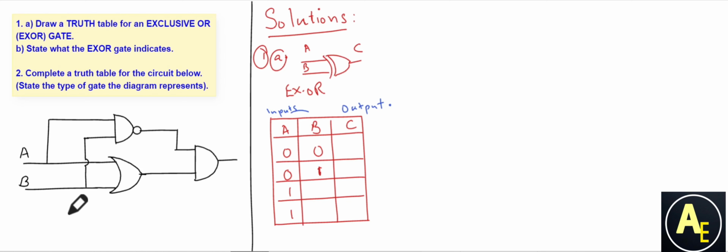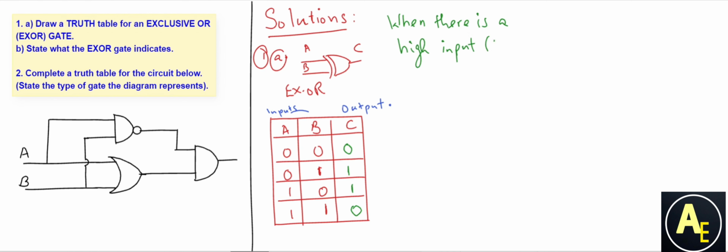But what is the difference between an OR gate and an exclusive OR gate? Well, an OR gate allows the output to be 1 or high once there is a high input, meaning that any one of the inputs having a value of 1 means that in our truth table we are also going to get a binary value of 1.